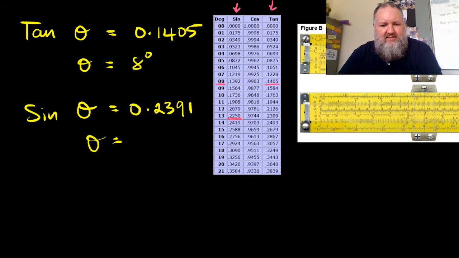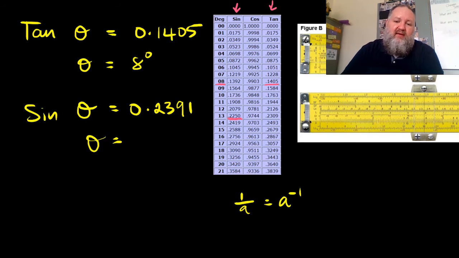Now, as a little side bit that'll make sense eventually, I want you to remember an index rule that we have, that if we've got 1 over a, it's really the same as saying a to the negative 1. That's really what we've got when we use our index laws.